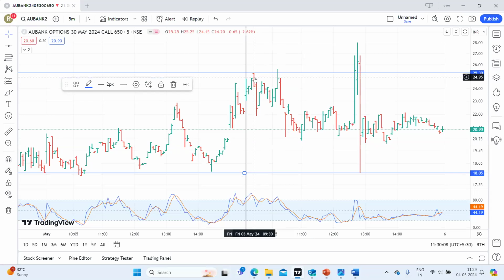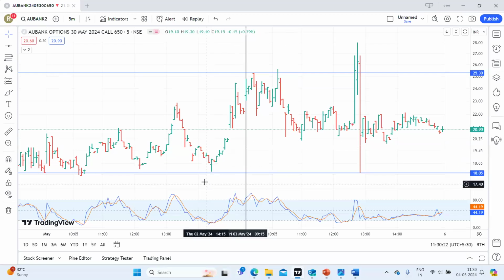The high of this candle, with how I trade, beyond the high of this candle I make an entry. Now the immediate swing low before this candle is this. Right. So 18 would have been your stop loss. Okay.